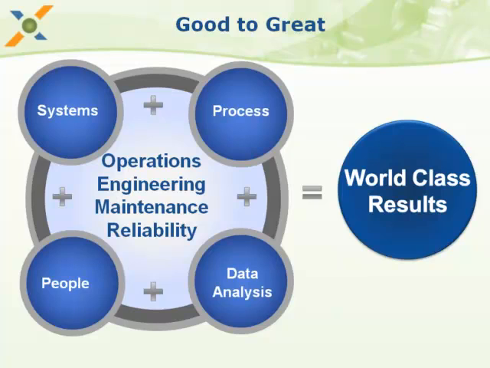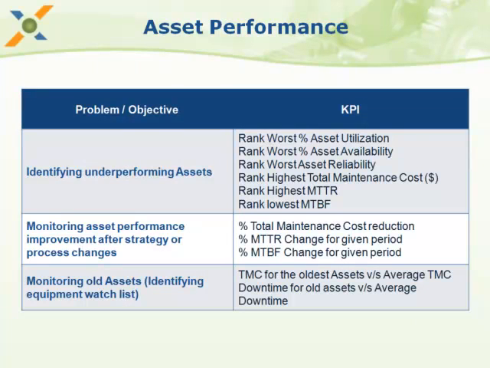So let's look at some of the KPIs that can be used for some of the basic areas. In asset performance, if we want to identify underperforming assets, we can rank worst percentage asset utilization, worst availability. Maybe we can rank worst asset reliability. Also, we have seen some customers rank the highest total maintenance cost per equipment.